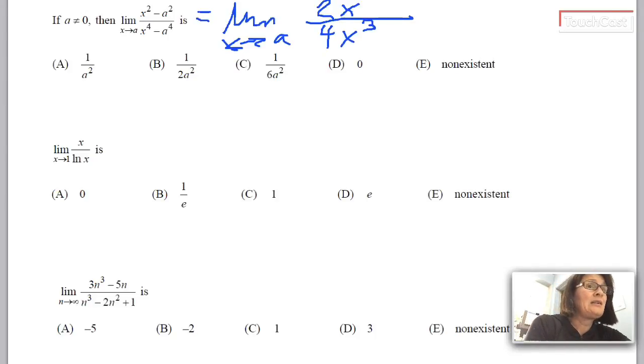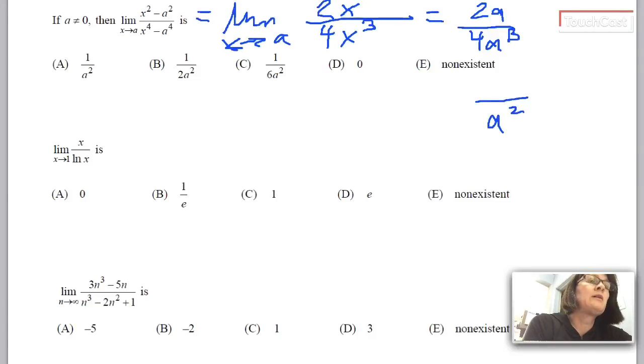I can replace x with a now, and I get 2a over 4a cubed. And that simplifies. I have an a in the numerator and an a in the denominator. They cancel, leaves me a squared in the denominator, and 1 over 2a squared. Final answer.